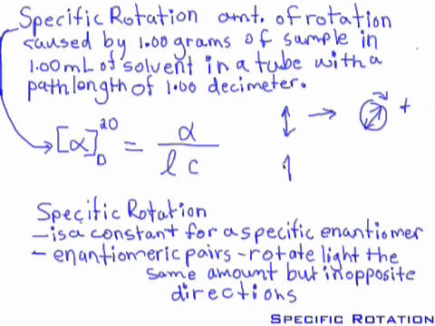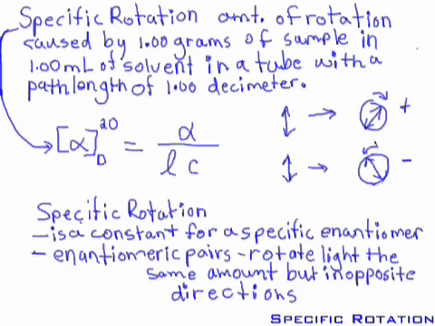However, if the rotation was to the left, so that the final beam emerged this way, it rotates the same amount but in the opposite direction, we would give that a negative value. So rotations to the left are given negative values in degrees, and rotations to the right are given positive values.